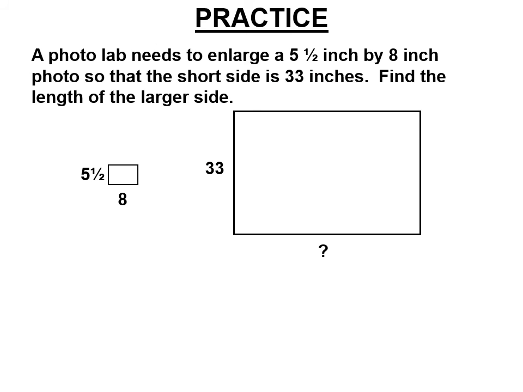So we're going to learn to relate these. So it's 33 goes to 5.5, and we're trying to find that blank goes to 8. So we have to simplify 33 divided by 5.5.